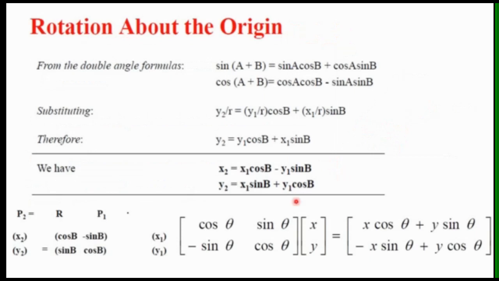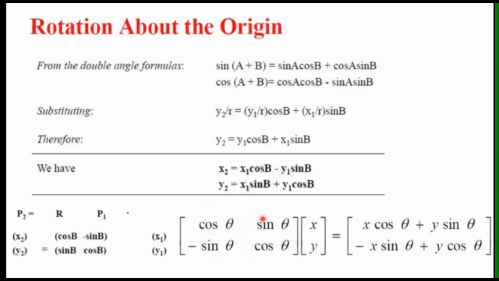Now when we write the equations for x2 and y2 in terms of x1 and y1, we get a matrix: cos theta, sin theta, minus sin theta, cos theta. This matrix is called the transformation matrix.